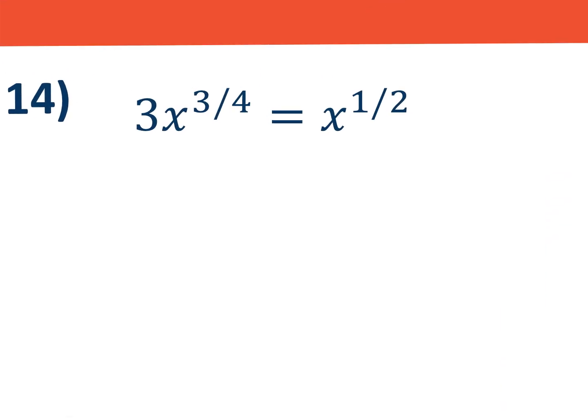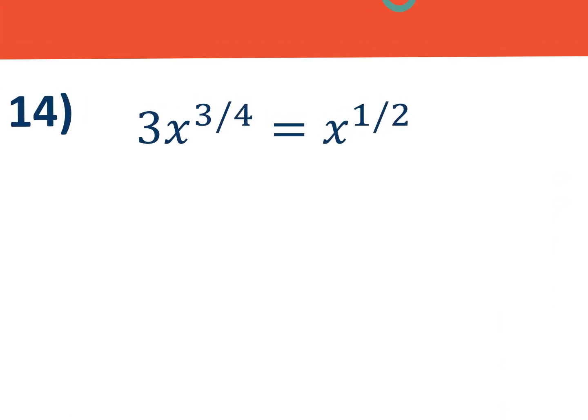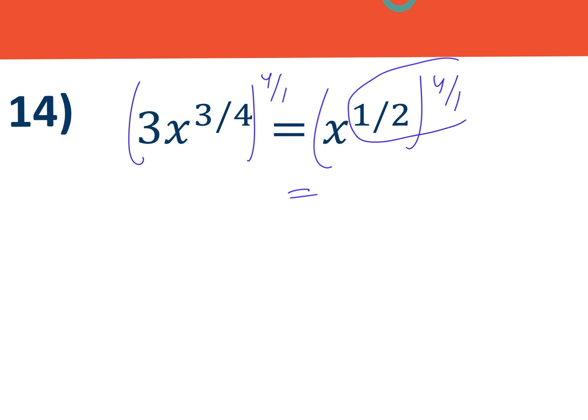Okay. All of you are raising both sides to what power? Perfect. I totally agree with that. So I'm going to raise this side to the 4/1 and this side to the 4/1. I agree. So on the right-hand side, what is this? X squared. Totally agree with you. How many of you distributed right here and got x cubed?